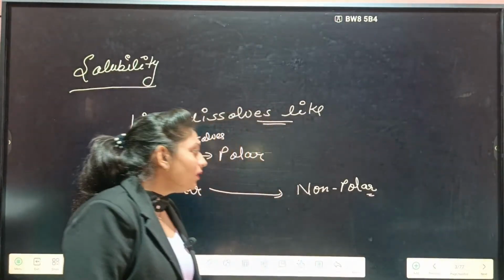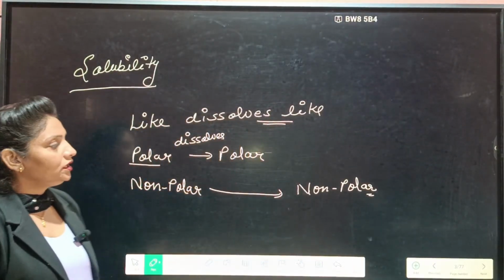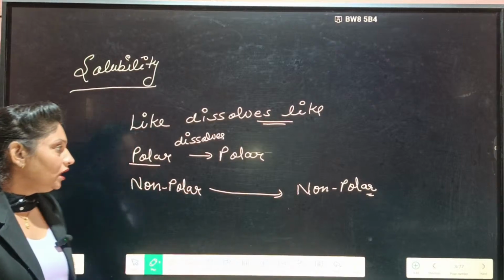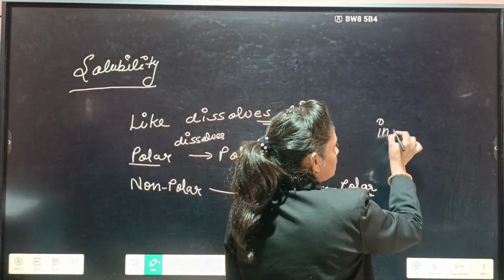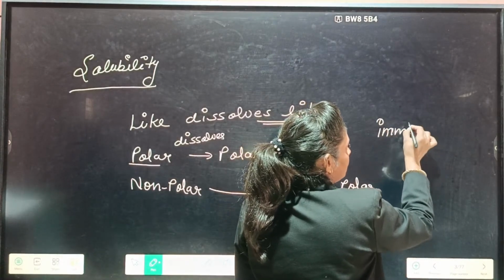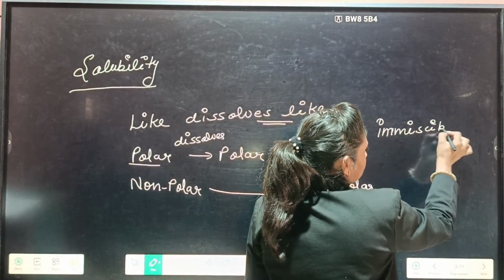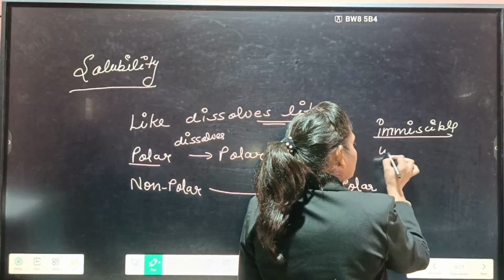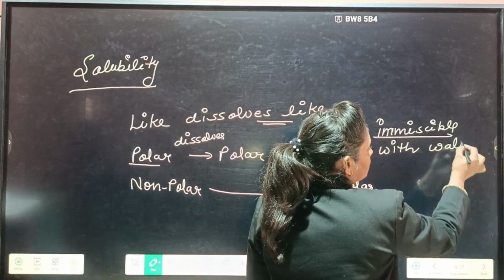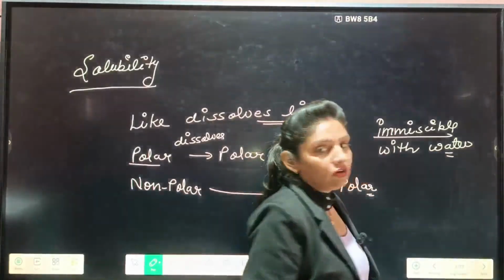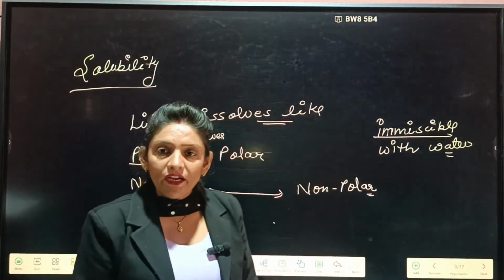If we talk about the solubility of benzene in water, then it is not miscible, or we can say immiscible with water. Immiscible means it will not dissolve in water. Why?